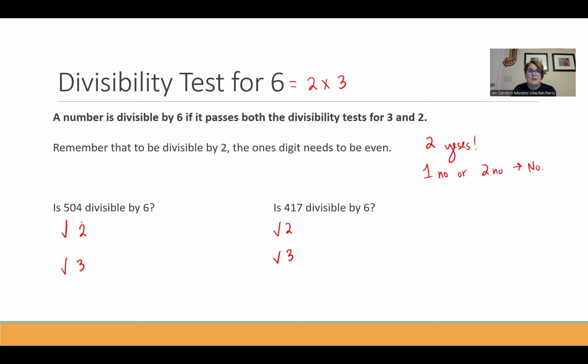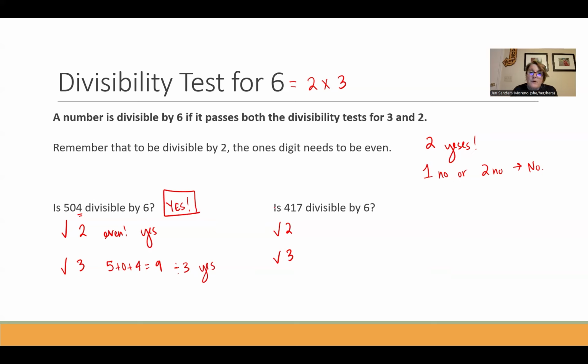To check to see if you're divisible by 2, we're going to underline the ones digit. That is most definitely an even. So that's a yes. Okay, 504. When I add 5 plus 0 plus 4, I get a 9. That's a yes. I got 2 yeses, so it's a yes.